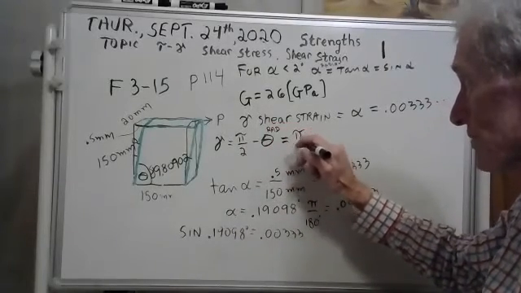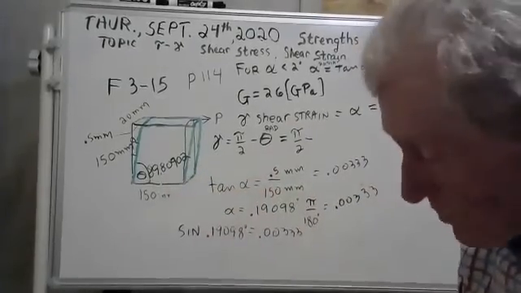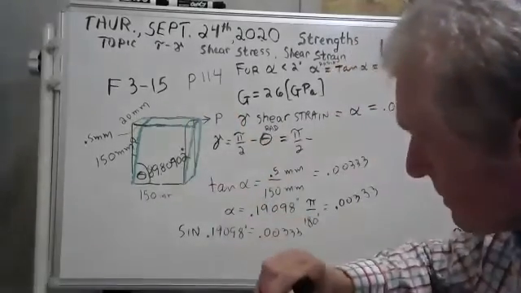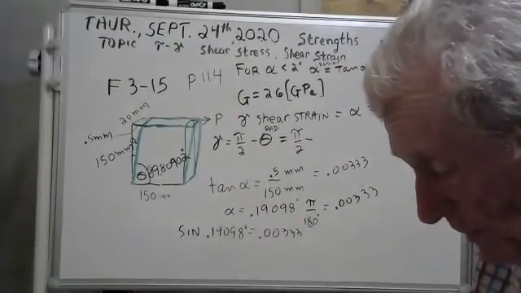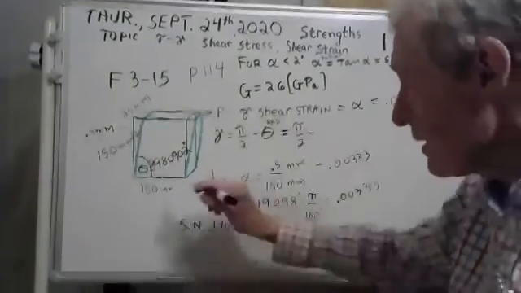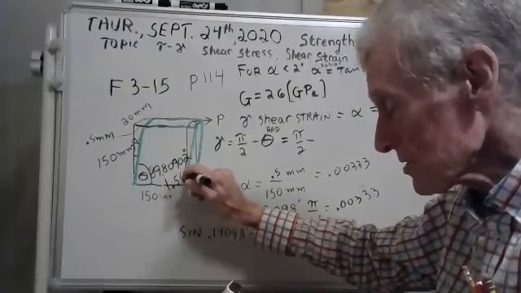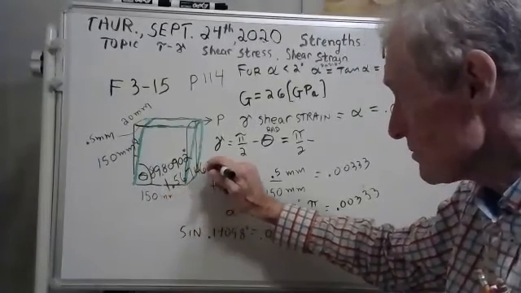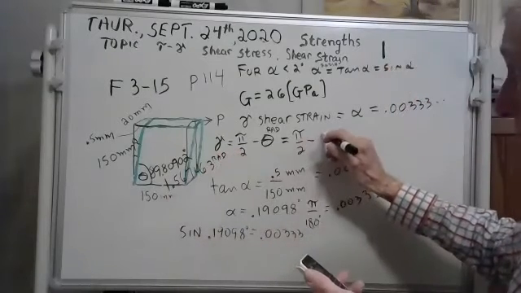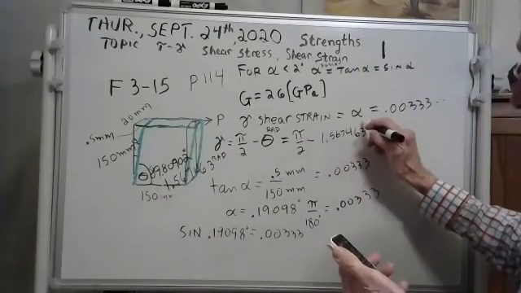So we're going to go pi over 2 minus this angle in radians. Okay, let me convert that to radians. Hang on. See, that's in degrees. So what you have to do is you have to multiply by pi, divide by 180. And what I'm getting is 1.56746 radians. So we're going to subtract 1.56746 radians.